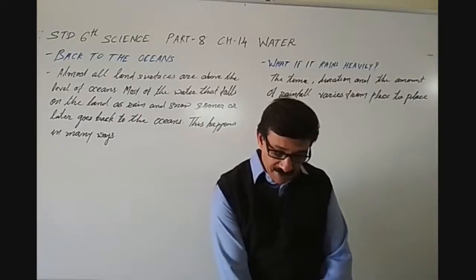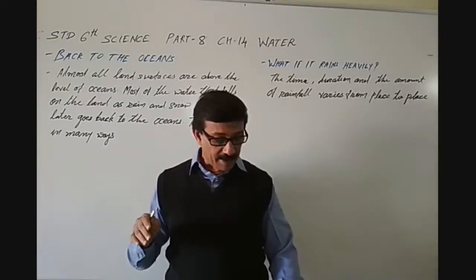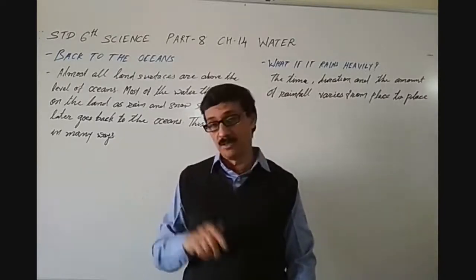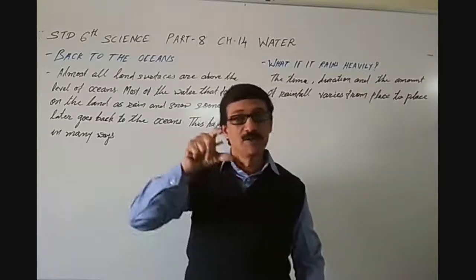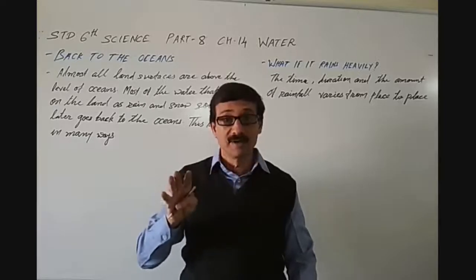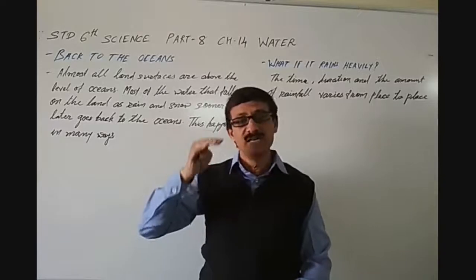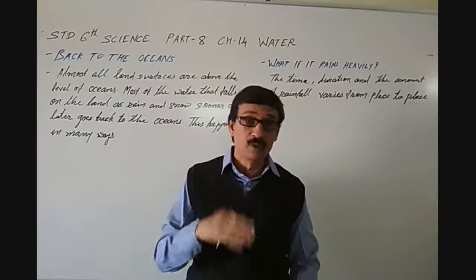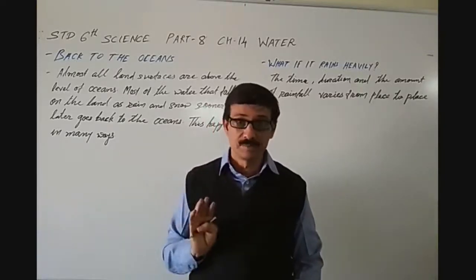Most of the rivers cover long distances on the land and ultimately fall into the sea or an ocean. Now we come to know the formation of rivers, and most of the rivers, let me tell you, cover very long distances on the land and ultimately fall into the sea or an ocean.